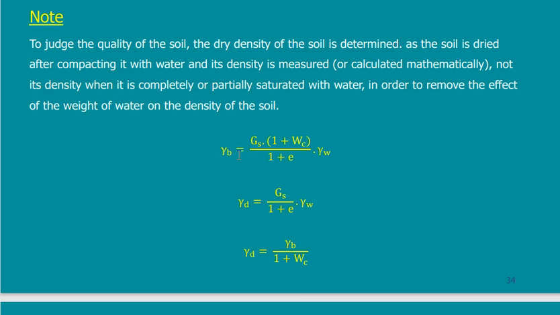They are given equations, you don't have to memorize them, just understand that there are relations between gamma B, which is gamma bulk, GS, which is the specific gravity, WC, which is the water content, E, which is the void ratio, gamma water, and so on. If we have some parameter, we can apply it in the equation to get the other parameter. So here I can get gamma bulk, and here I can get gamma dry.